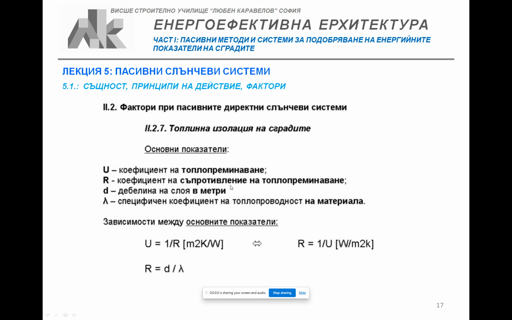So if we have a 25 centimeters brick wall, in the formula, we put its thickness 0.25 meters. And of course, it depends upon the material and its specific coefficient of heat transferring, because brick transfers heat to one extent and stone to another, and concrete has another specific coefficient of heat transferring.